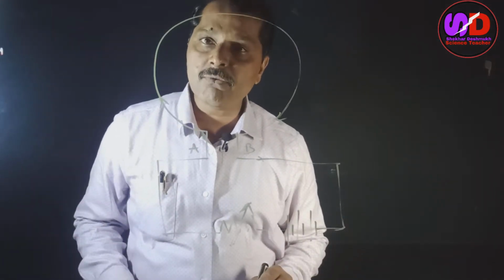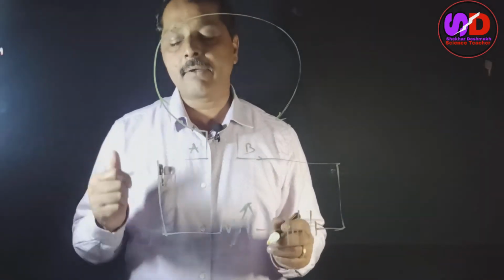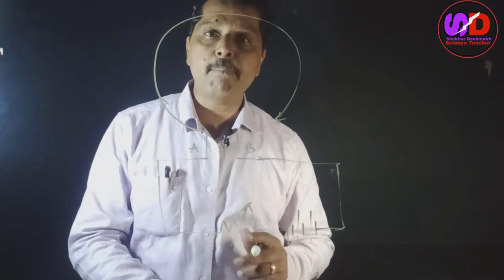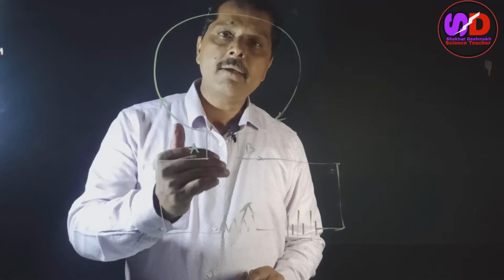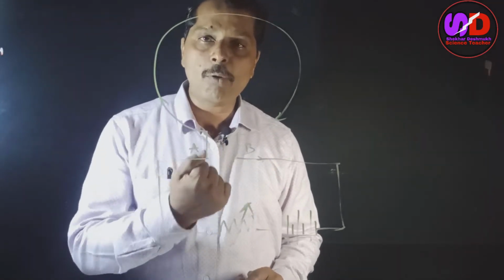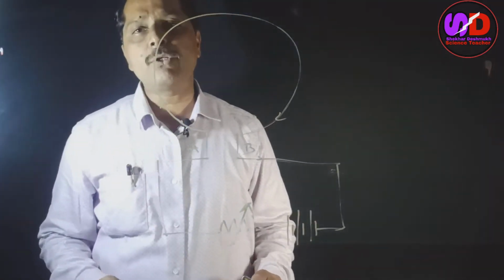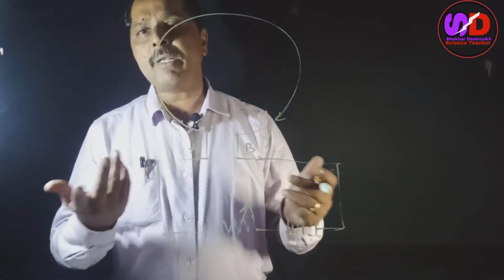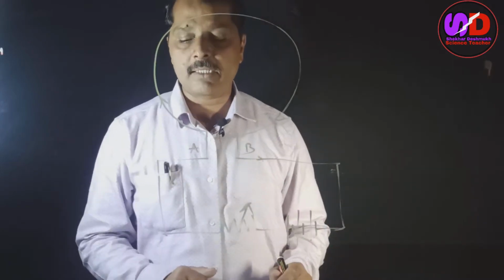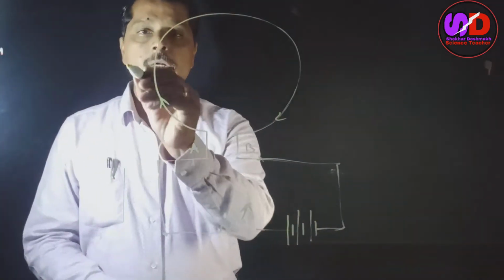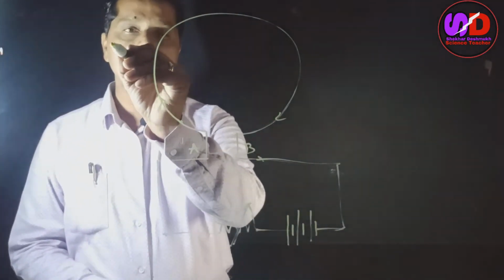Definitely, whenever electric current is flowing through the loop, a magnetic field is produced. We can find the properties and direction of the magnetic field by performing a similar experiment to the one we performed for the straight conductor. So take a cardboard.